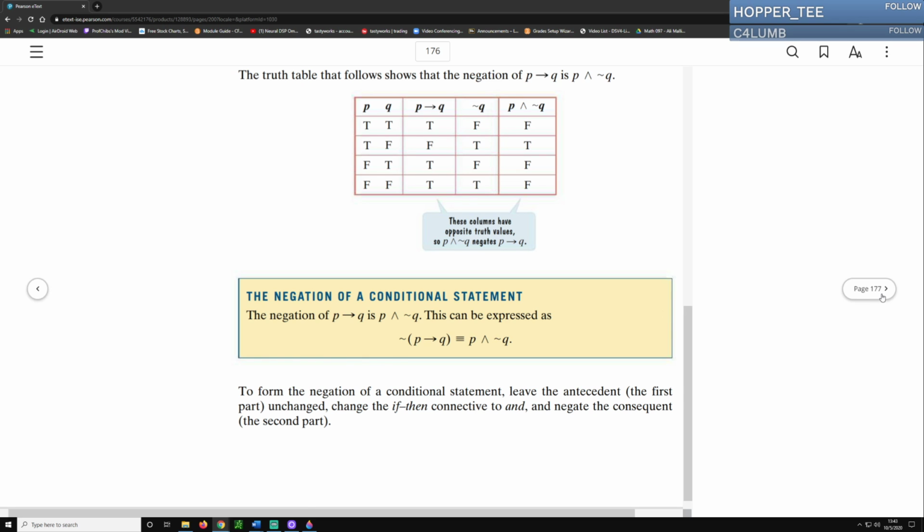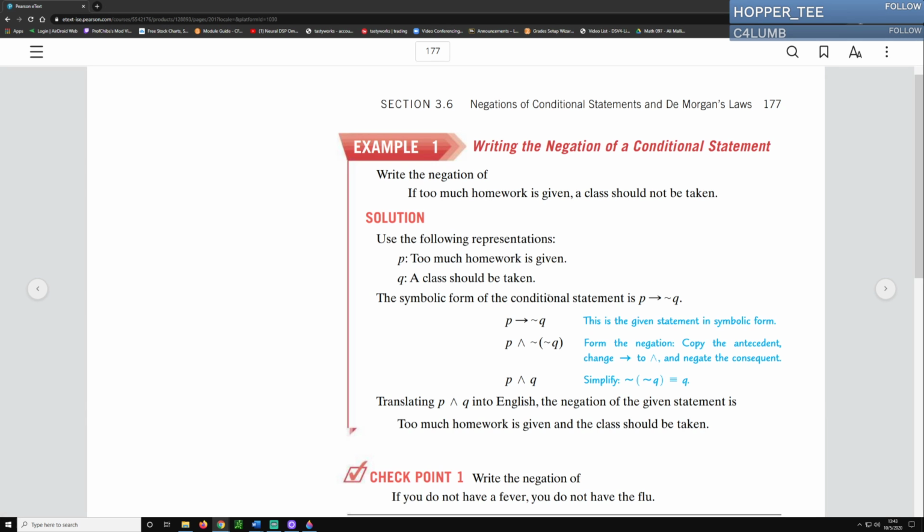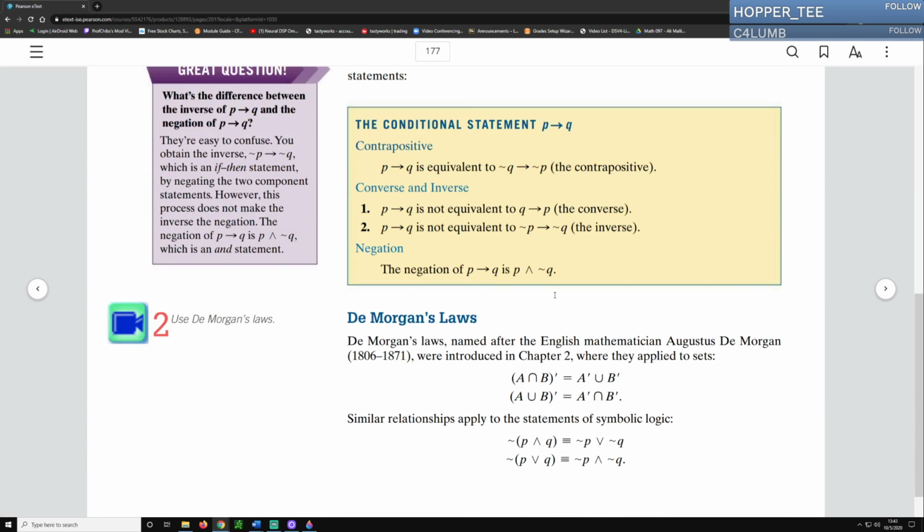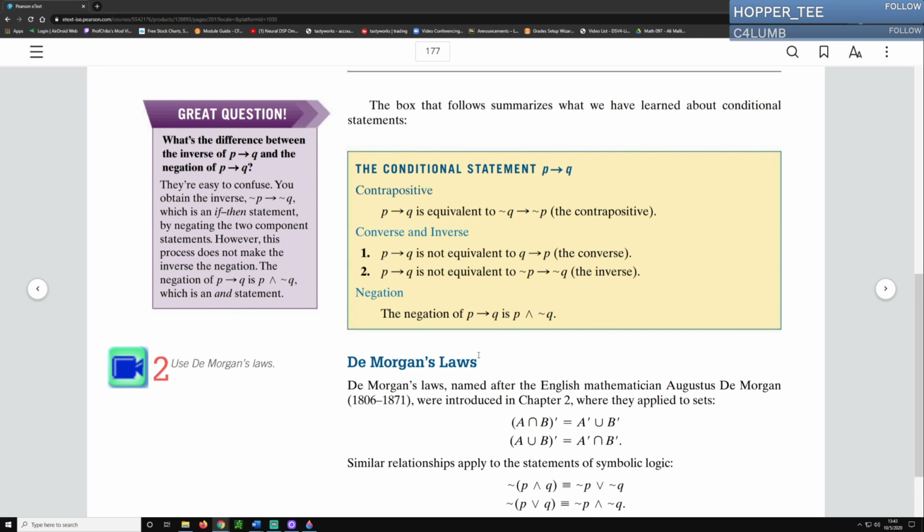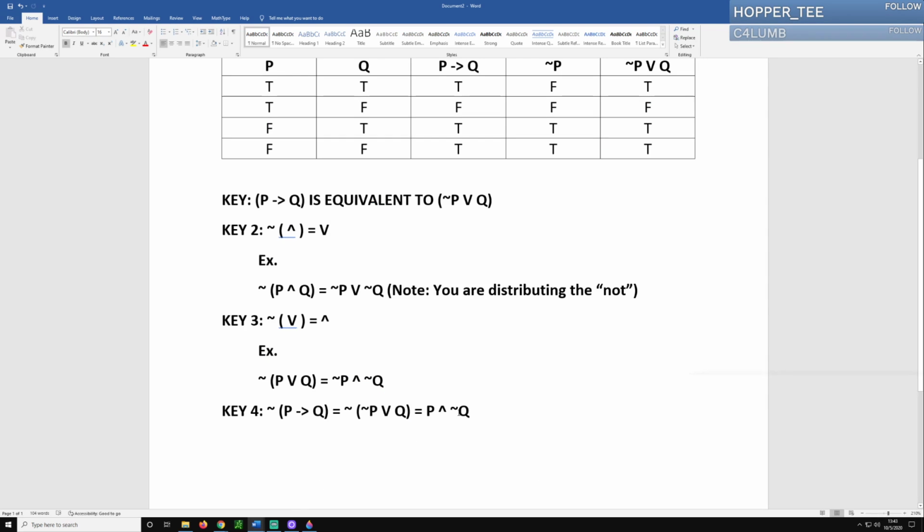Now, this does have some consequences to go along with it, so let's talk about those. We can see here other things that can be equivalent. If P then Q is also equivalent to the contrapositive: if not Q, then not P. We talked about this last time when talking about the contrapositive, and that happens to be true here as well. So if we go back to our notes, let's put a note here.